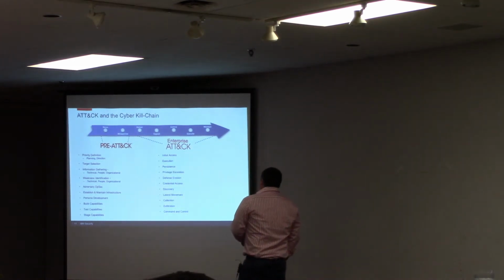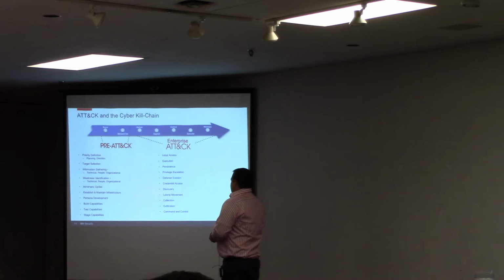So for all these tactics, there are dozens of different techniques that attackers use for each of these things. And that's what ATT&CK is. The ATT&CK framework is about taking these tactics that everybody uses and then cataloging all the different techniques that they can use to do each of these things.